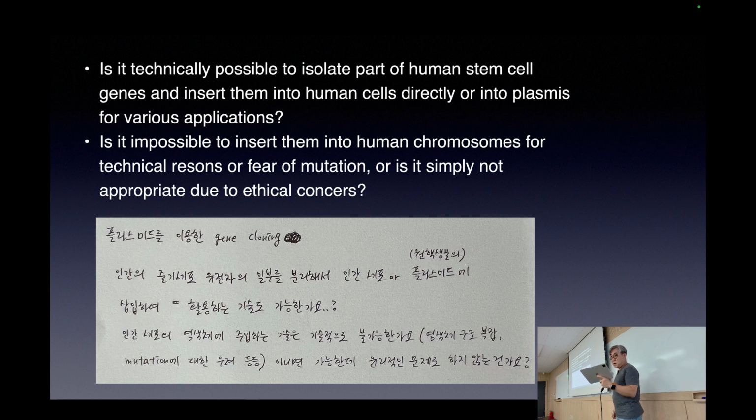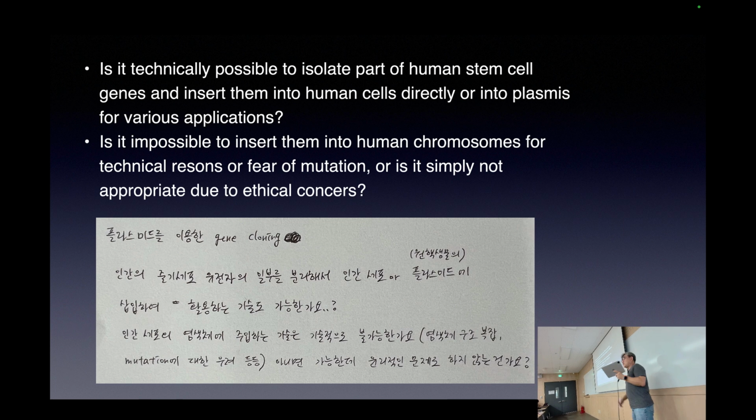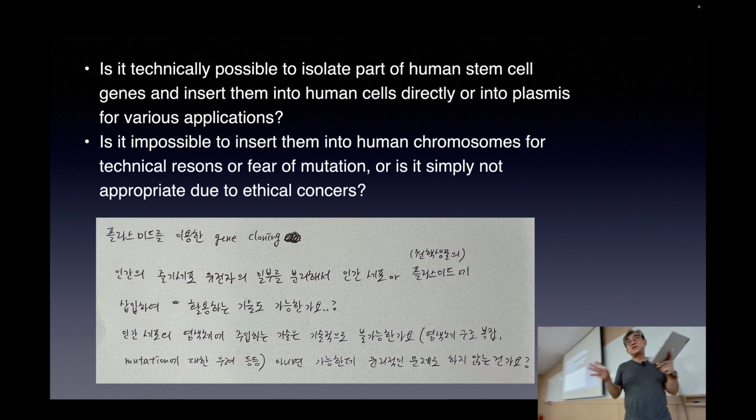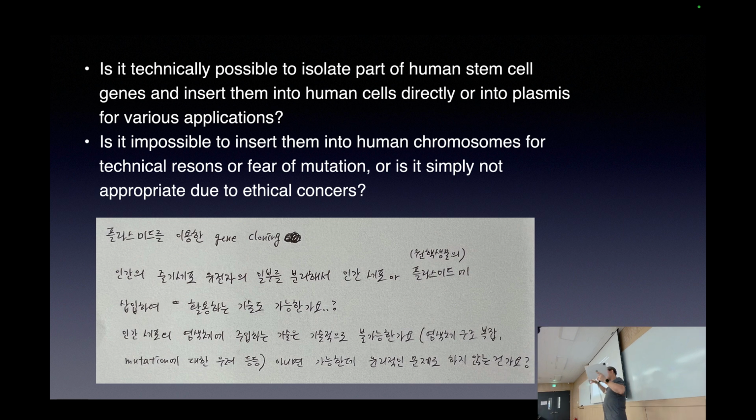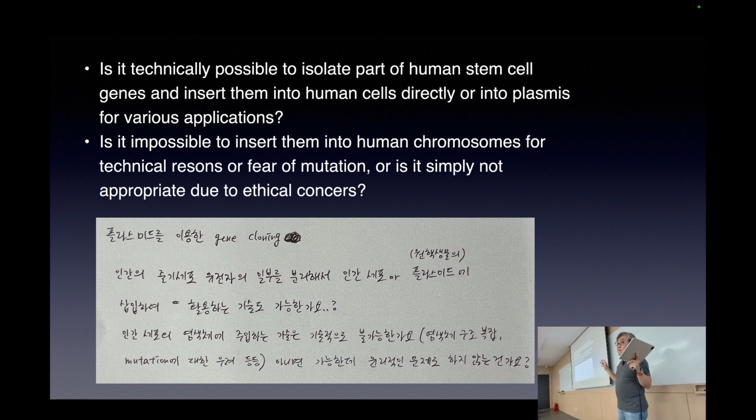Is it technically possible to insert some genes into the chromosome? For example, there are some essential genes responsible for making a cell a stem cell. We have discovered some of the key genes.